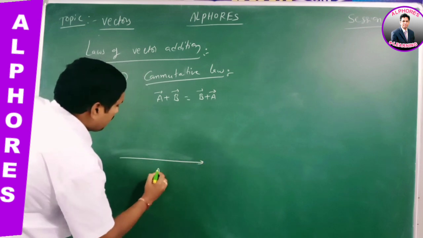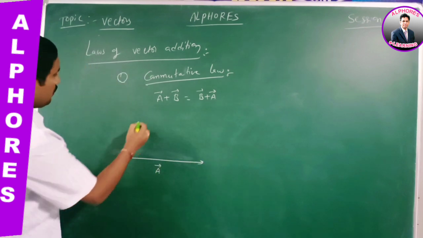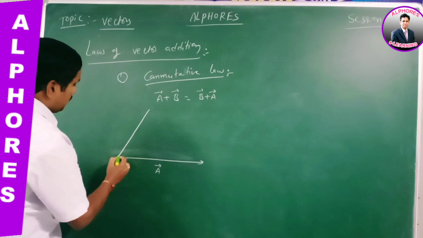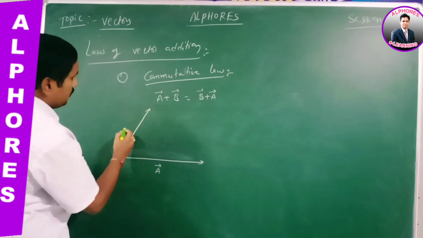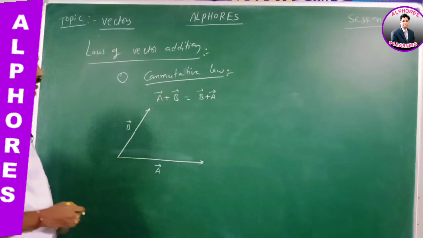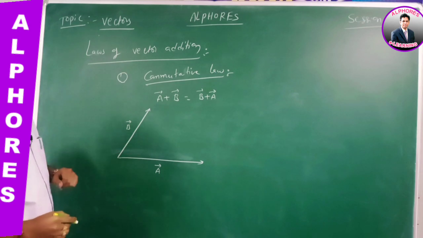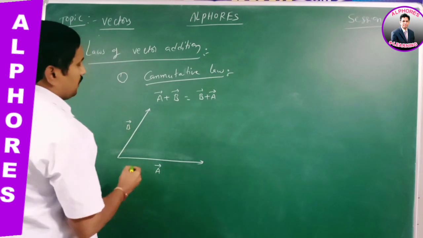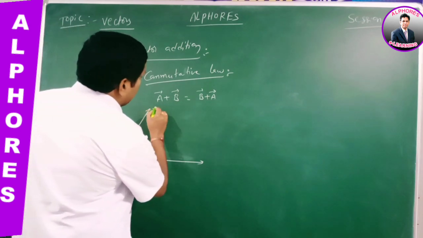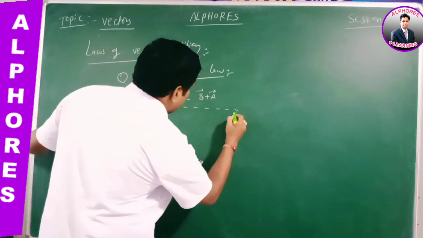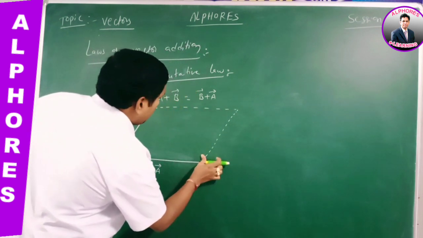Let us say this is one vector a bar, this is the other vector b bar. Now, by adding these two, listen carefully, I am taking parallel shifting of a bar and parallel shifting of b bar.